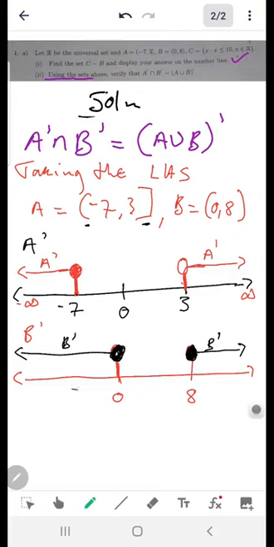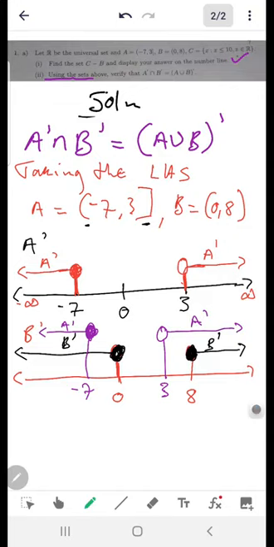A complement is starting from -7, and -7 is part of the answer, and it's going like that. And this side is starting from 3, and up there, is it included? It's not included. It's going like that. This is A complement.